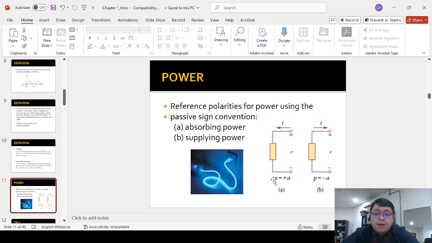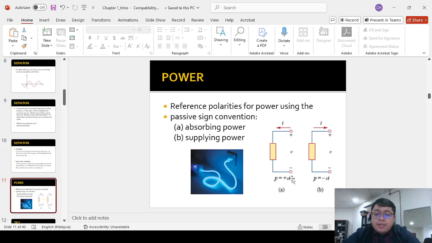P is power, and it will always be a positive value, while for supplying power, when the current is going in the other direction, the clockwise direction, power here is represented as a negative value.